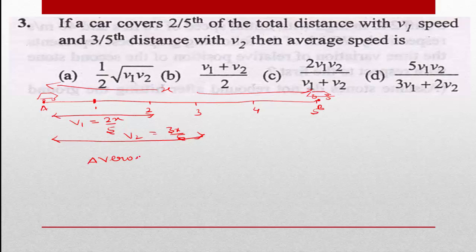We know the formula. Average speed is equal to total distance traveled, that is x, divided by total time taken t. Average speed is equal to x divided by t, that is v is equal to x divided by t.